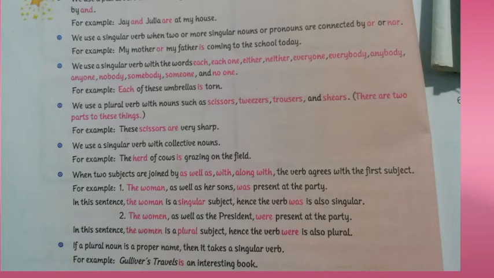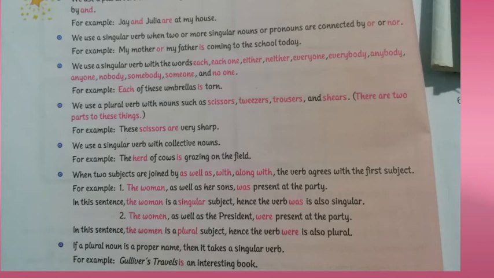Here, what is the rule? When two subjects are joined by as well as, with, along with, the verb agrees with the first subject. Here in this sentence, the woman as well as her sons was present at the party. There are two subjects, that is the woman and her sons.